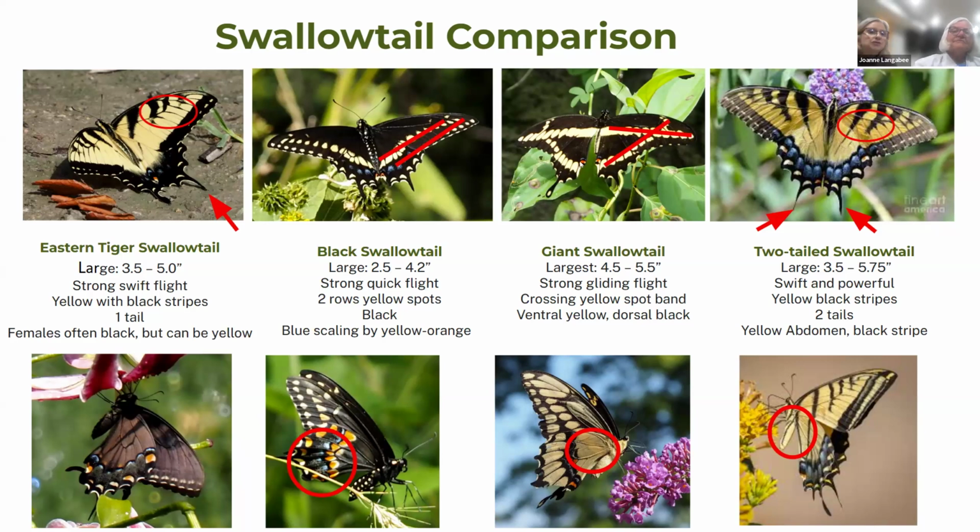Yellow with black stripes and black band. And over next to the tail, you can see a little bit of red and blue sometimes, but not always. If you look down below, the females can be black or they can be the same coloration as the males. And when you look at the female, you can almost see through their wings if they're in the sun.